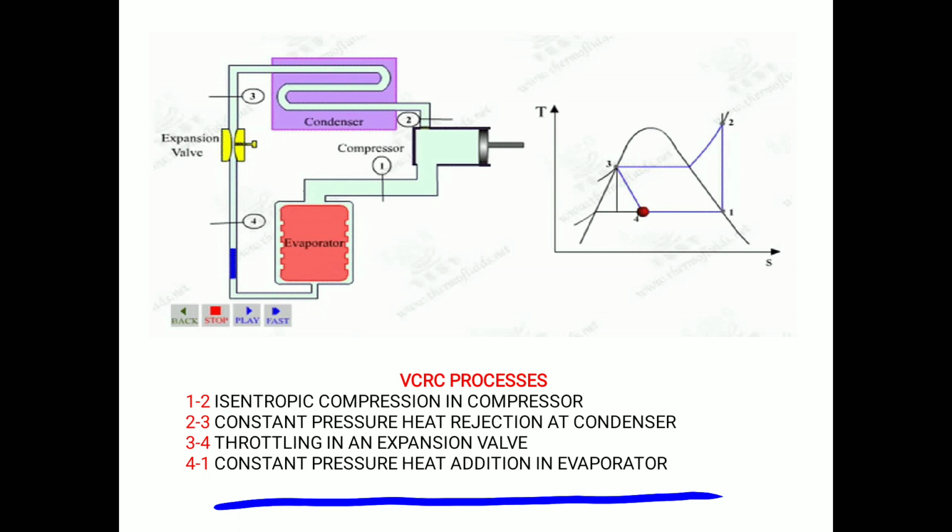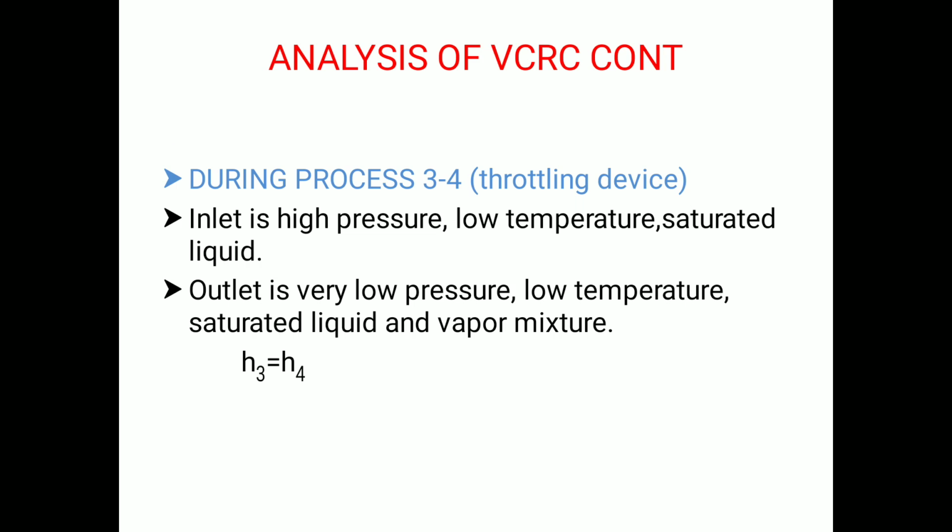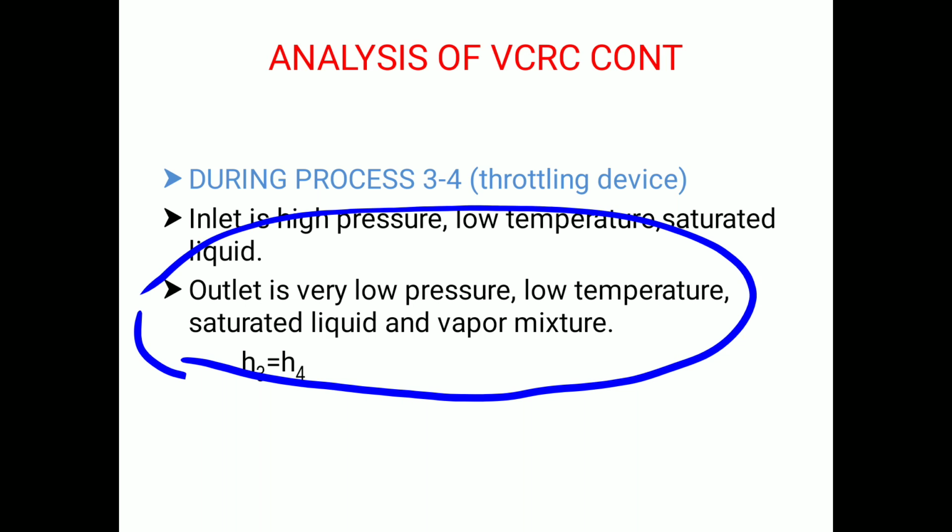If you try to find out the inlet and outlet condition of refrigerant in the evaporator, the inlet is low pressure, very low temperature, saturated liquid and vapor mixture. This is the outlet condition of the throttling device, which is very low pressure, low temperature, saturated liquid and vapor mixture.